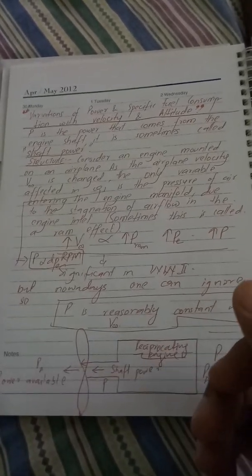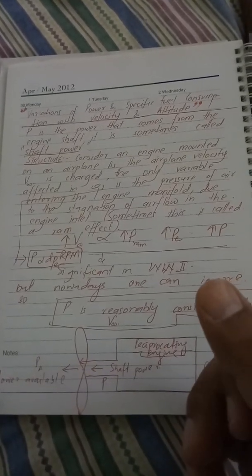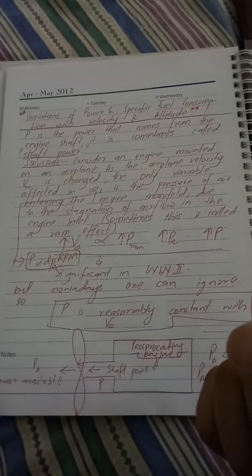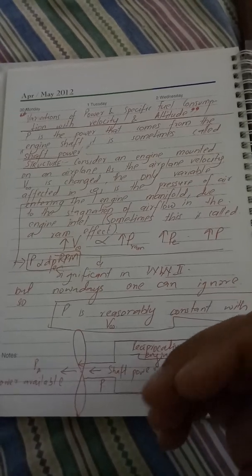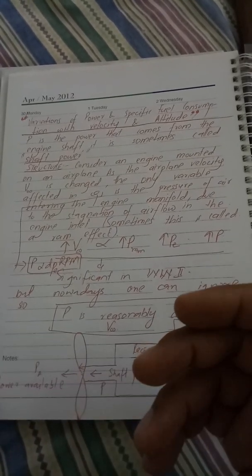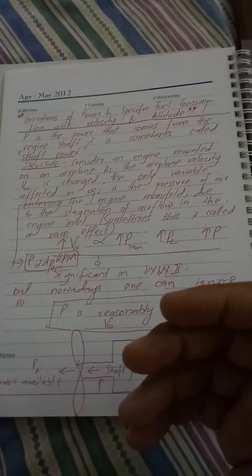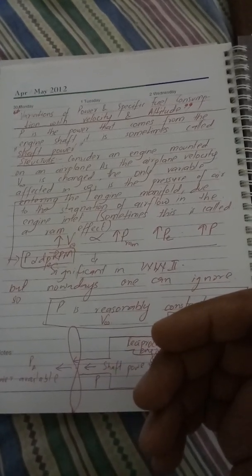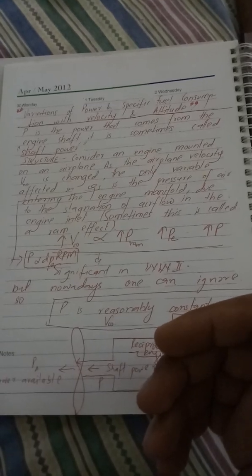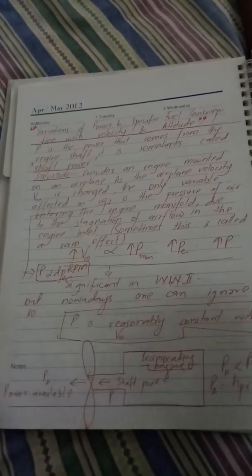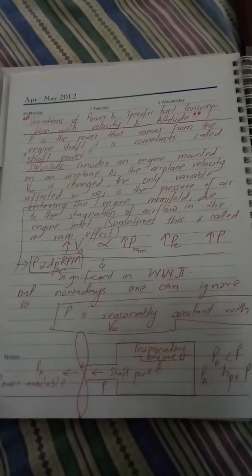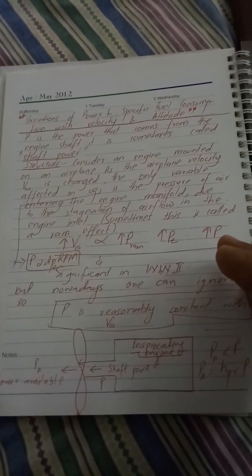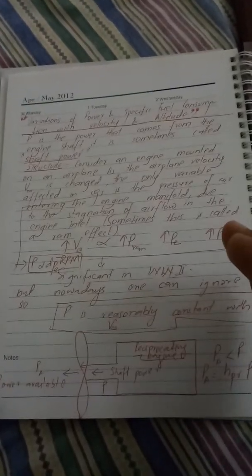In that video we discussed the specific fuel consumption, rho of P, and also the power output of the engine, and we discussed the relationship as well. So right now we're going to discuss how the variations of power and specific fuel consumption normally take place with velocity and altitude.